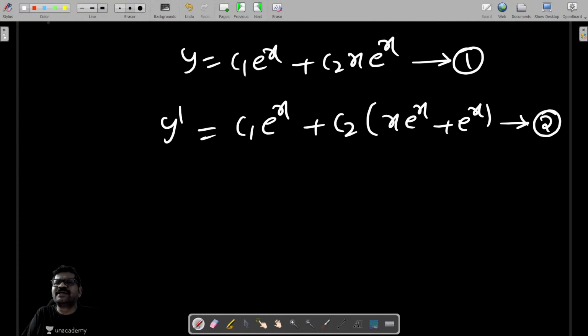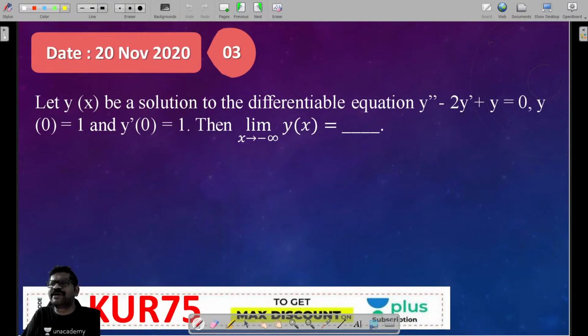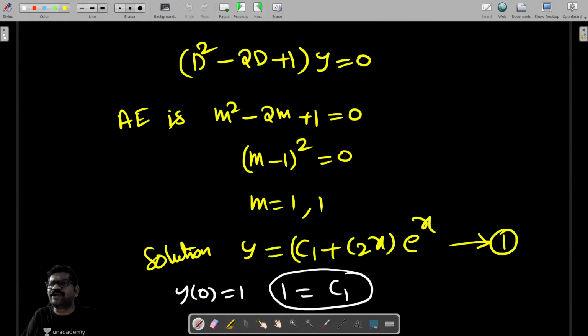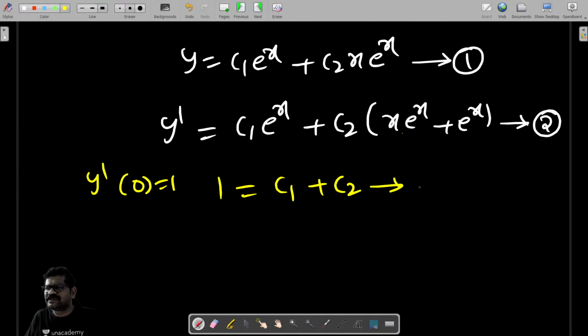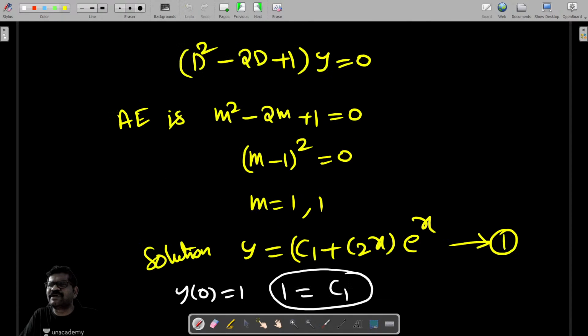Now another boundary condition we have, y dash of 0 equal to 1. Means 1 is equal to c1 e power 0 plus c2 into 0 plus e power 0. That is equation 3.